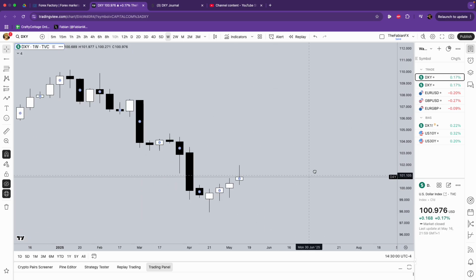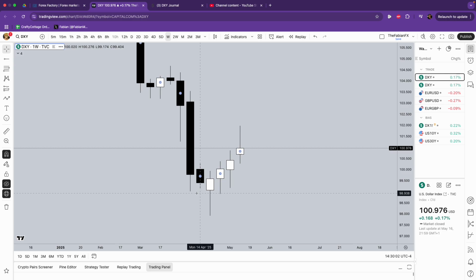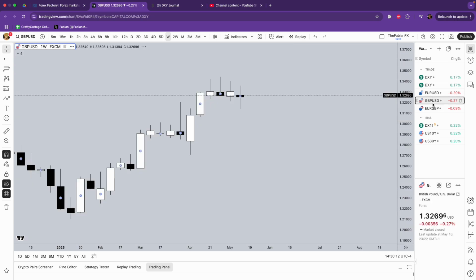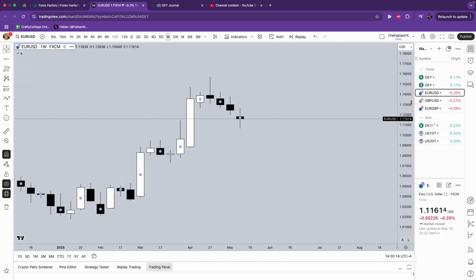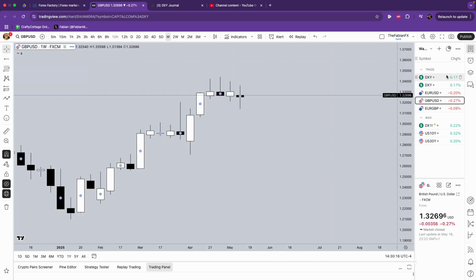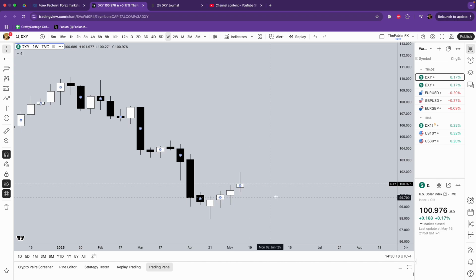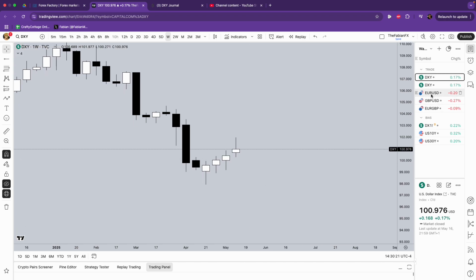You always want to use the DXY because both of them run off of the DXY, and I've had this mistake before where I used to feel stuck because I would be analyzing Euro and GBP, and let's say Euro would be bearish, GBP would be bullish, and then DXY I would barely even look at because I was so used to looking at Euro and GBP. And that's where I used to fail in trading.